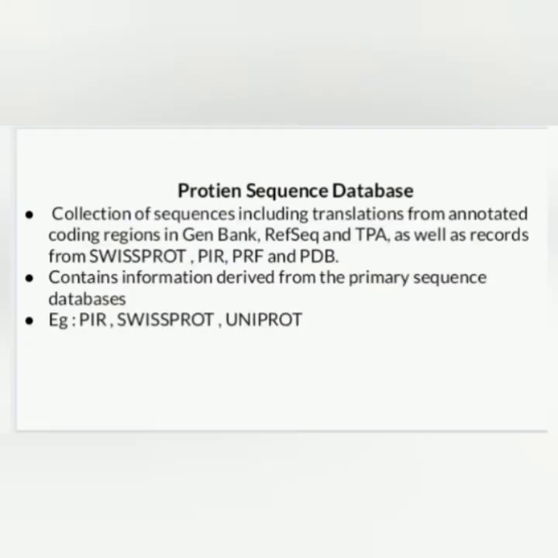Protein sequence database: a collection of sequences including translations from annotated coding regions in GenBank, RefSeq and TPA, as well as records from Swiss-Prot, PIR, PRF and PDB. It contains information derived from the primary sequence databases. Examples: PIR, Swiss-Prot, UniProt.